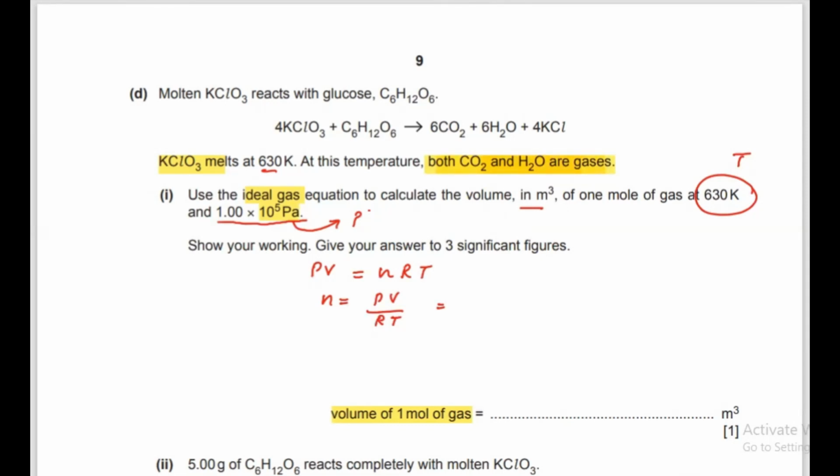Okay, we have to calculate the volume. If we want to calculate the volume, then it should be nRT over P. There is 1 mole of the gas, so 1 mole times R, which is 8.31, times temperature, which is 630, and then the pressure is 1.0 times 10 raised to 5.